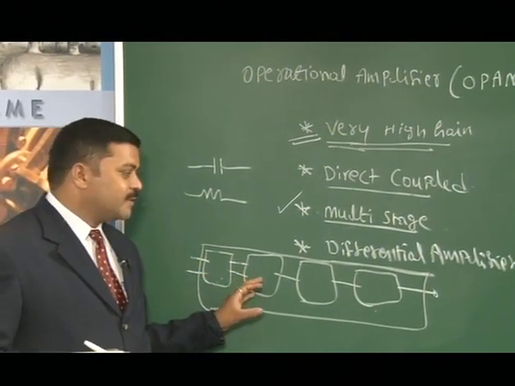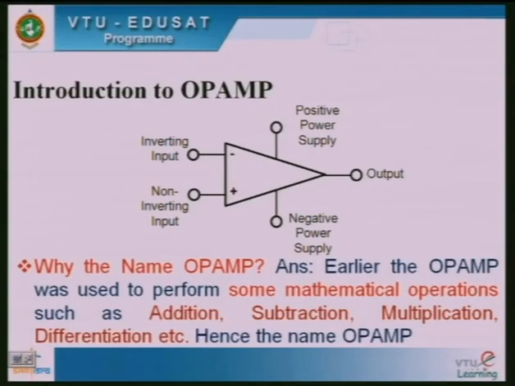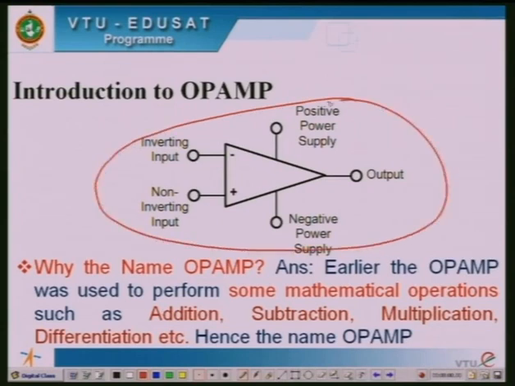In all circuits, we will be using the triangle, as shown in the PPT. The point is here, pointing this way. The signal is flowing from this end to this end. That is the reason why the symbol of an operational amplifier is a triangle that points in the direction of the signal flow.